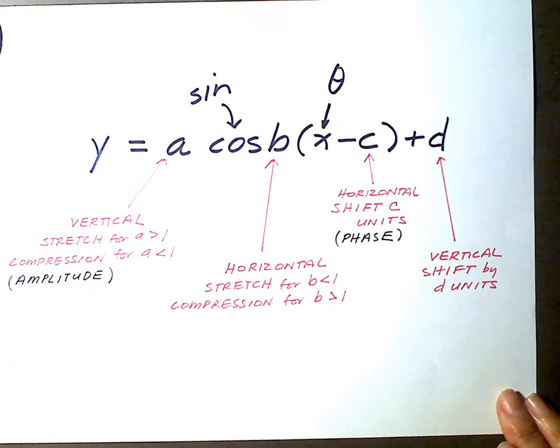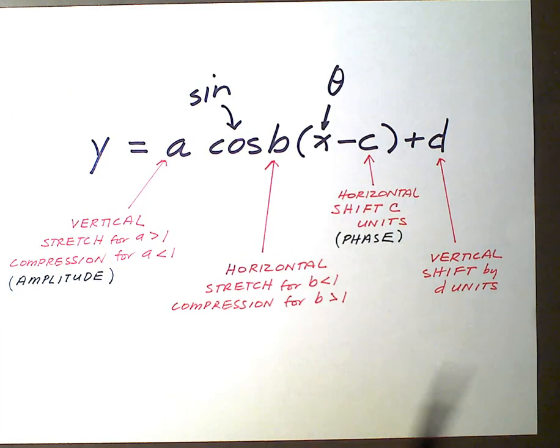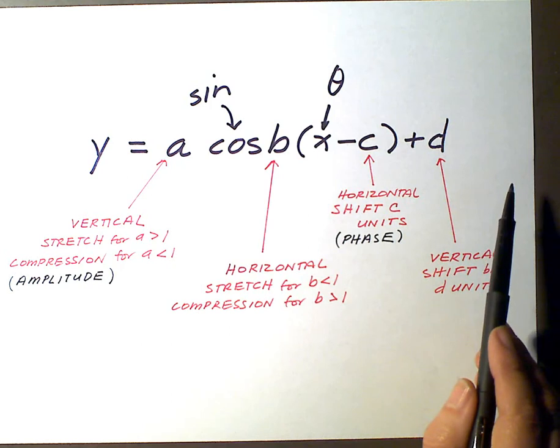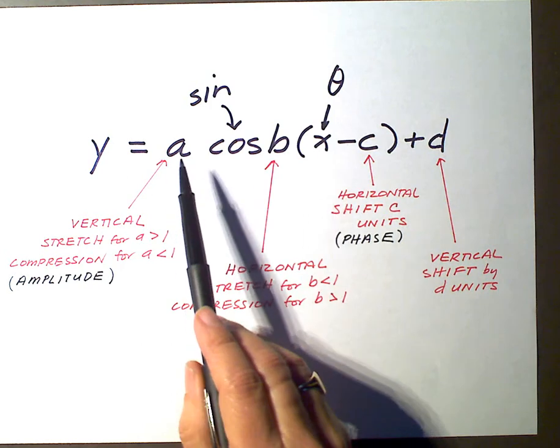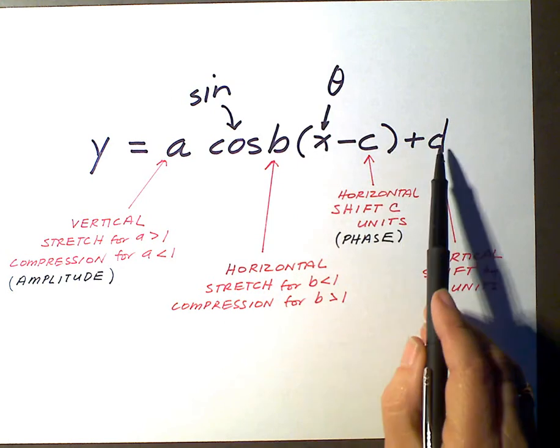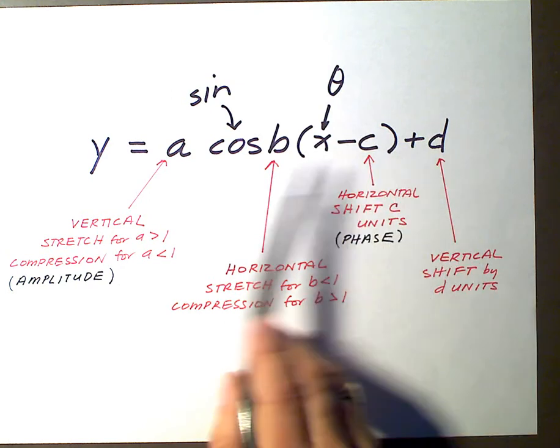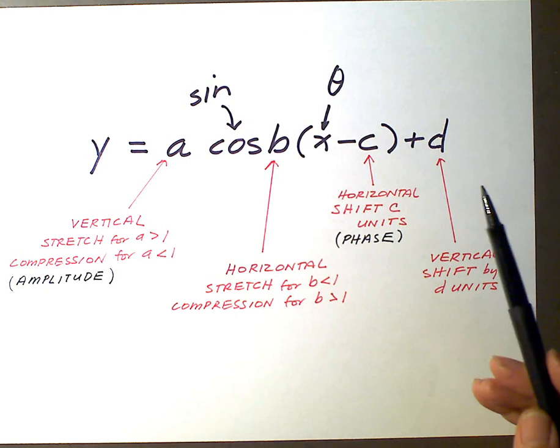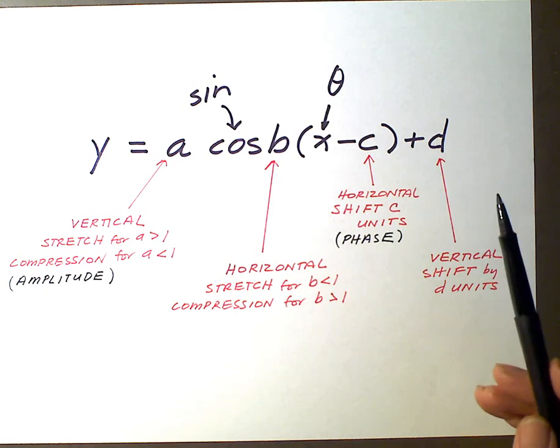So first of all, just some terminology about the basic form of the function. And we won't always have values, but there would be numbers for A, B, C, and D. And some of the time, we'll only have one number, or 2, or 3. We won't have all of them, especially in our more basic graphs.